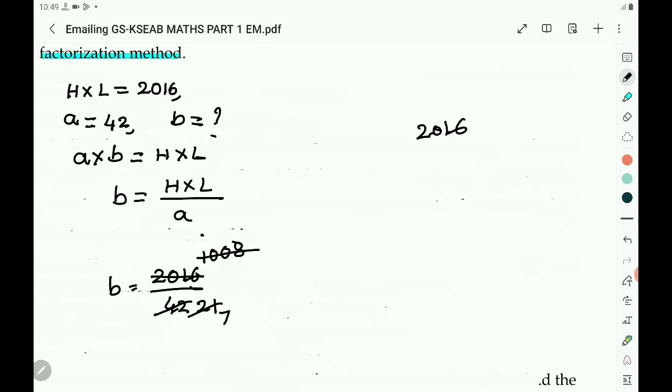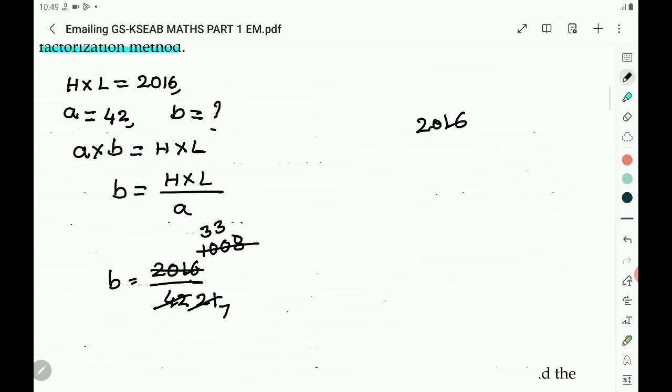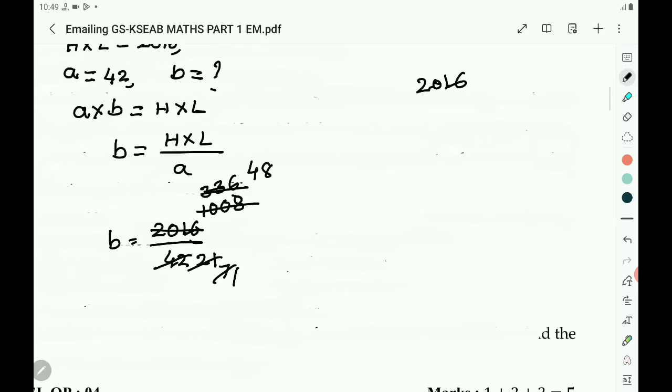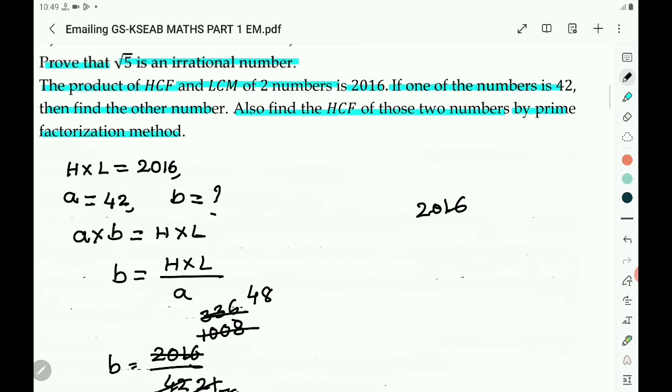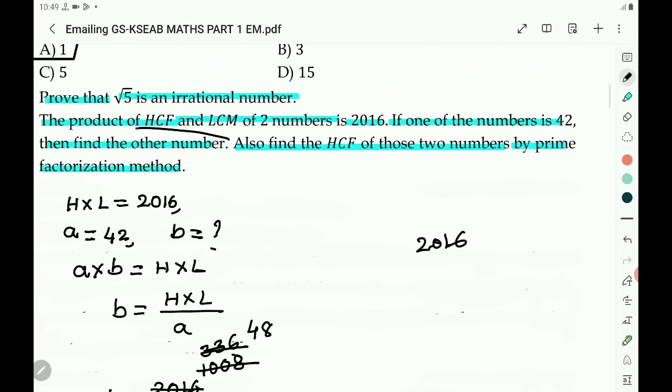Then 3 3s are 9. 3 6s are 18. Now 7 1s are 7, 4 7s are 28, and 5 is remaining. 5 6 7 8s are. So you got b equals 48. The other number is 48.